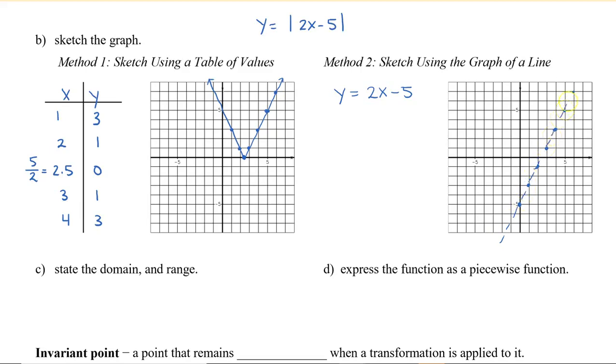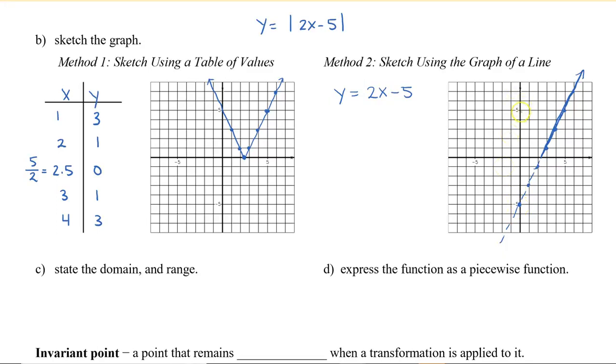Now, remember I said that anything that is above the x-axis remains unchanged. So this part here, starting at the x-axis, we're going to draw a solid line through here. And then anything that is below the x-axis gets flipped over to be above the x-axis. So here we have -5.